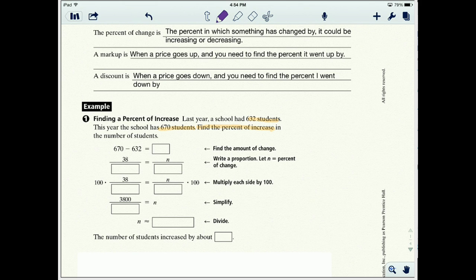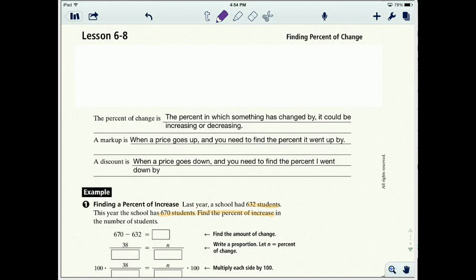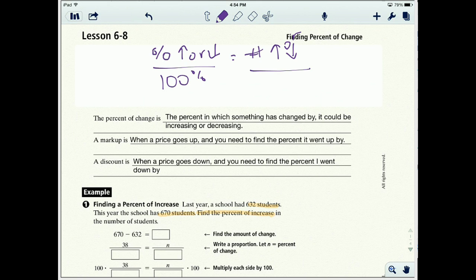Now, anytime we solve something like this, I want you to write this at the very top of your page. We're always going to set it up the following way. Just like when we're doing percents, we're going to do the percent it went up or down by over 100%, and then the number that it went up or down by, and then the bottom is going to be the original.